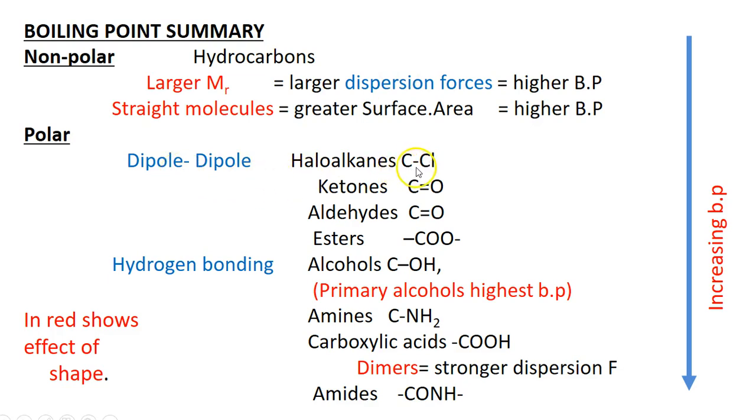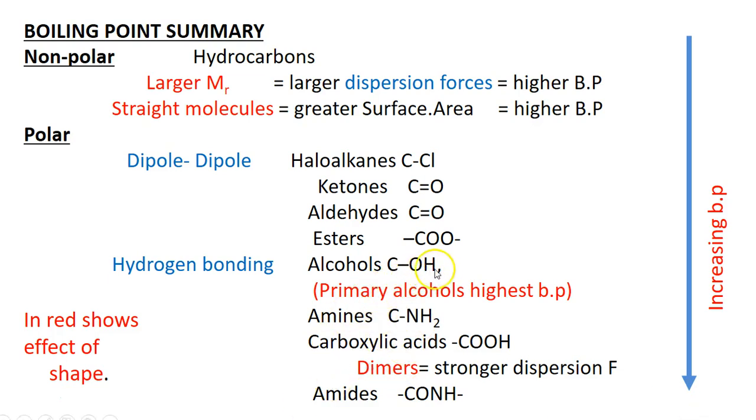Okay, so if you've got a carbon attached to an electronegative atom, like halogens or oxygen, then they have dipoles, so slightly positive, slightly negative. Ketones, aldehydes, esters, all of those have dipole-dipole bonds. And then if you take a step up and you've got your hydrogen attached to oxygen, nitrogen, or fluorine, which we haven't got here at the moment, then they're hydrogen bonding.